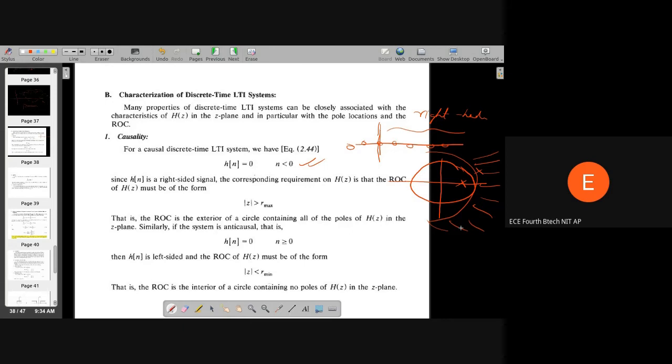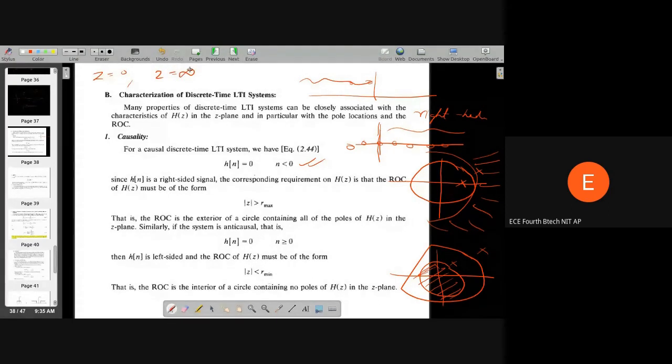On the other hand, if it is an anti-causal or a left-handed signal, then the ROC will be inwards of whatever pole it is. So the ROC will be inside that. Excepting, as I told you, Z equal to 0 and Z equal to infinity, you have to check those two cases. But otherwise, that is how it is in the general sense.